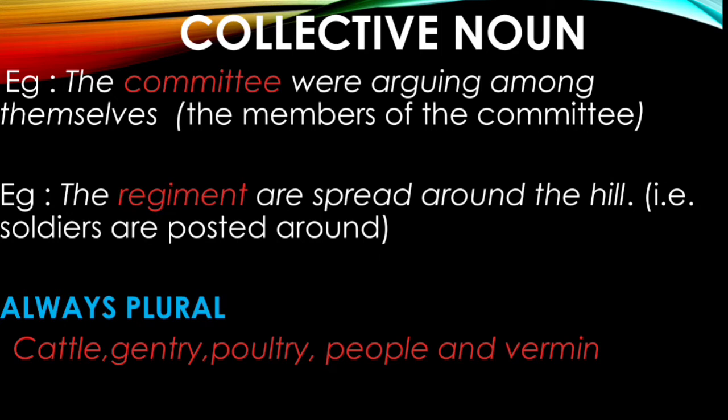So the first statement comes different in these words in this particular section, because when the members are being mentioned, it is considered plural, and some of the collective nouns are always plural, like cattle, gentry, poultry, people, and vermin. Okay.